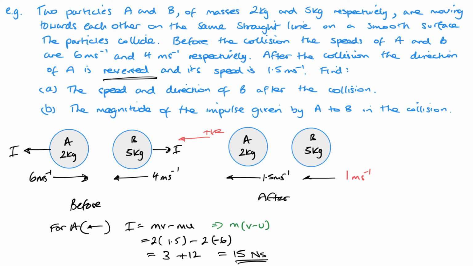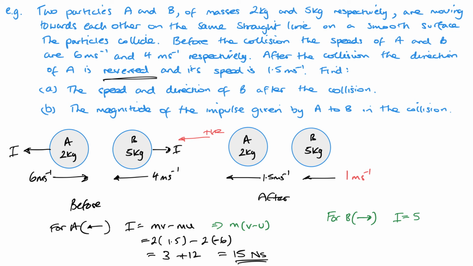Okay, it makes more sense to use A as we have it before and after, whereas with B we've only got the value that we worked out. So it's safer to use A because we're using the values within the question rather than a value we've calculated. But just to show you, if I did use B, I'd be looking in this direction, left to right, because that's where the impulse direction is. So I'd have 5 for my mass times negative 4.